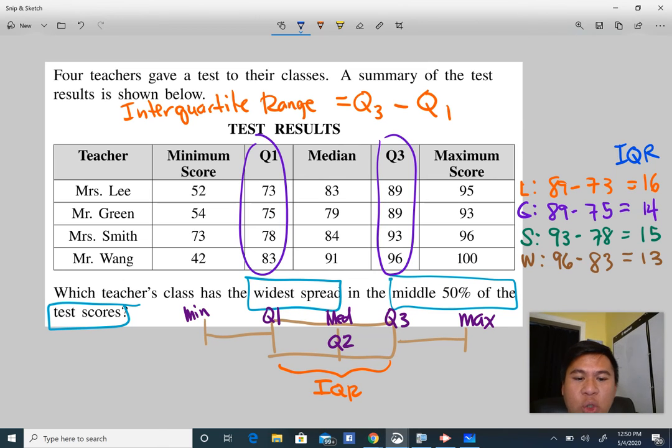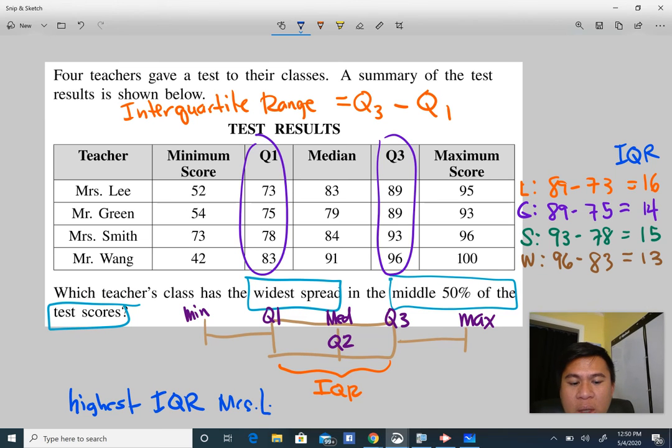So again, the widest spread is the one with the highest IQR, or interquartile range. With that being said, that will be Miss Lee in this case, having the highest interquartile range.